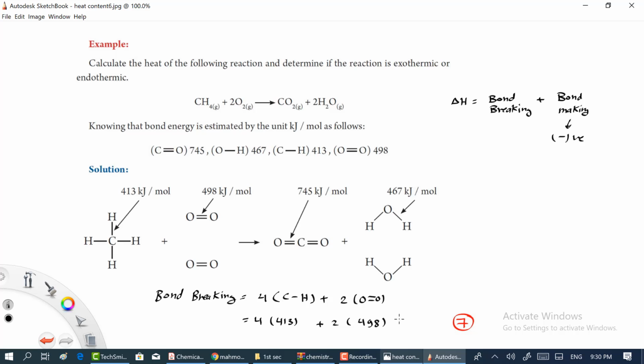The total value is 2648 kilojoule per mole. This is bond breaking.